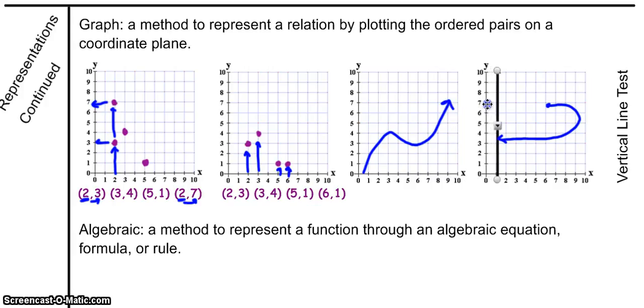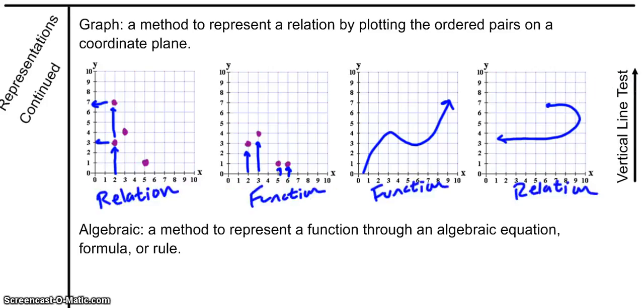Whereas the second example, okay, right now it's only hitting the graph at 1 point, but right when we get to here, where the input is 6, it seems we have 2 outputs. For 6, we have an output of, looks like 3.5, and also 7. So at this point, the graph fails the vertical line test, and it is no longer a function, only a relation. So to recap, we have 2 relations and 2 functions.